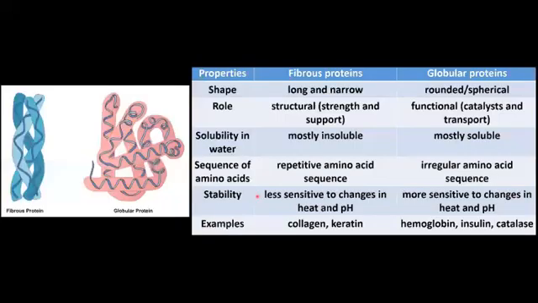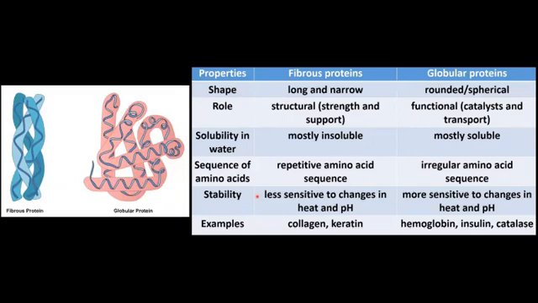To better understand our fibrous proteins and our globular proteins, we have here a table that compares these two structures of protein. According to shape, fibrous proteins are long and narrow, while globular proteins are rounded and spherical.